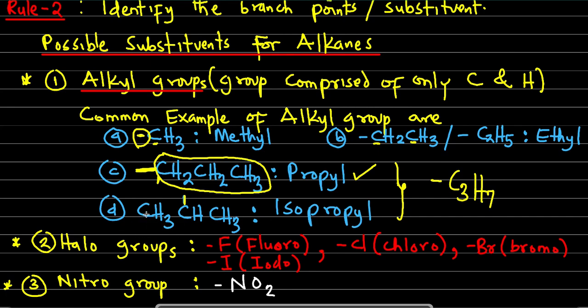You might start from the left, this is 1 and this one is 2, or you can start from the other side. So whenever a propyl C3H7 substituent is attached to a parent chain using the second carbon atom, we call it isopropyl. Another name for isopropyl is actually 2-propyl.